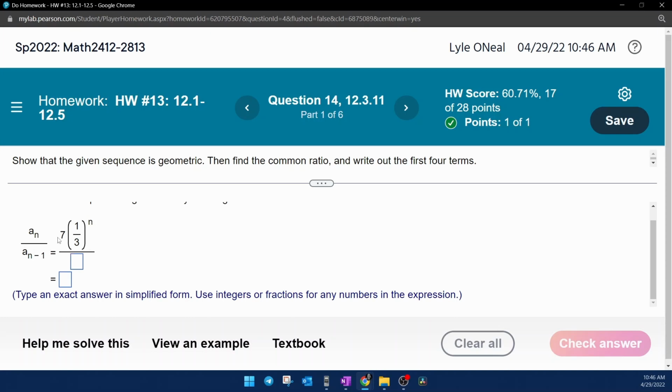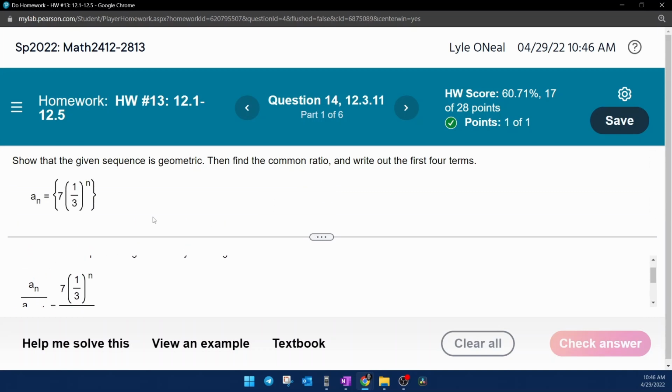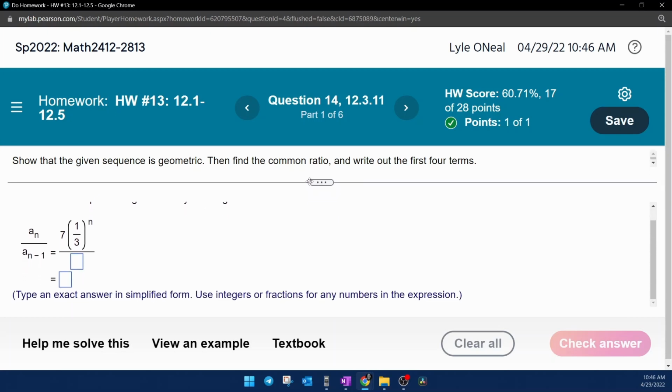Well, they've already populated the numerator with a sub n, which is what they gave me as the expression above. So what I'm going to need to come up with is a sub n minus 1 in this box, and then I'll need to simplify this fraction and put the result here.